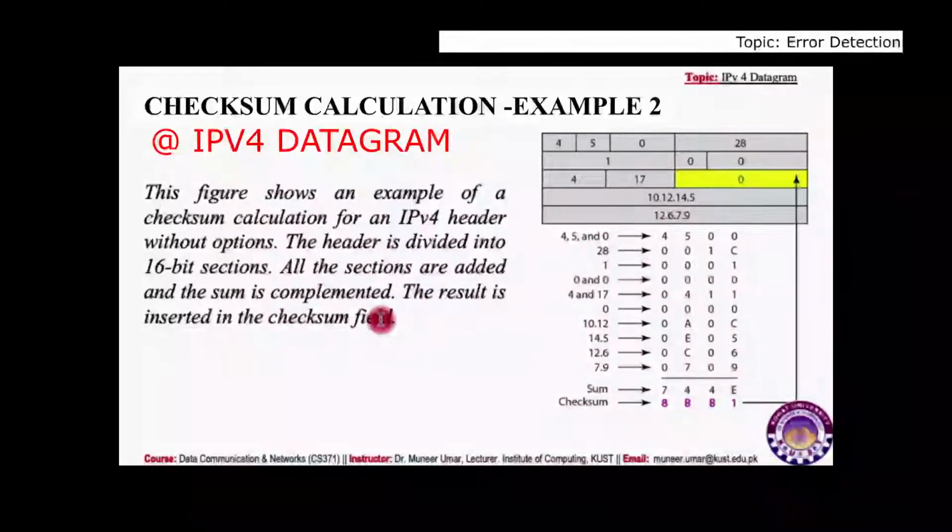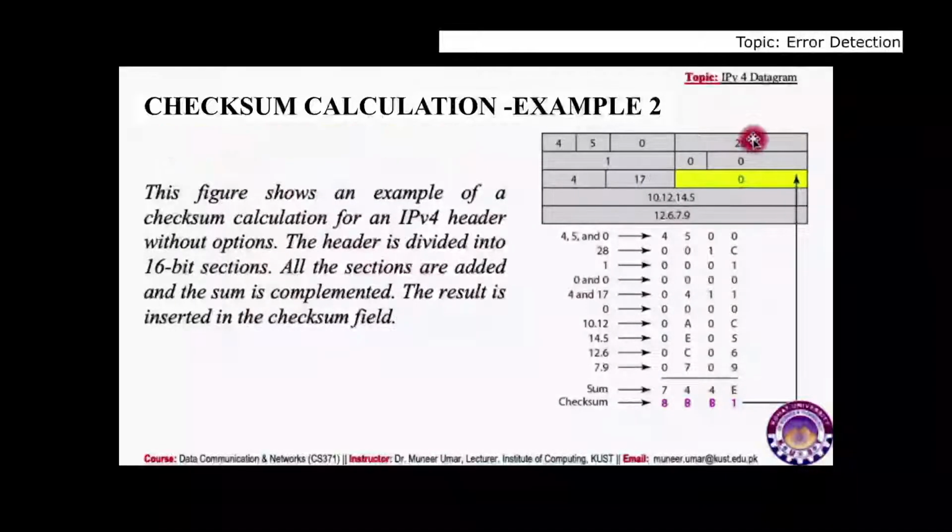We have an example for calculating the checksum. So here we have the header, and we have some values in this header. If you look into this header, we have 32-bit words. Like here we have 32 bits, then 32, 32, 32, 32.